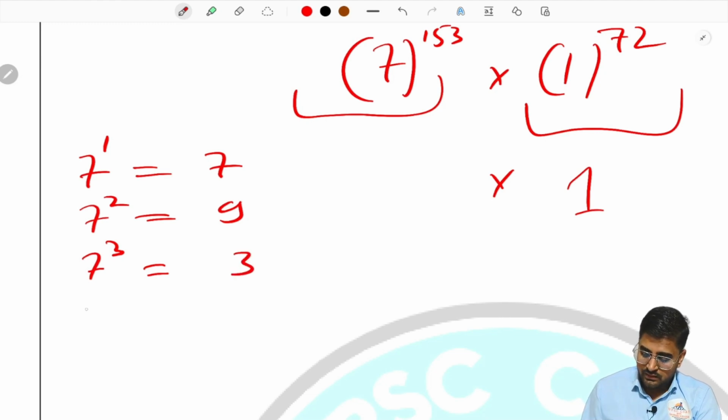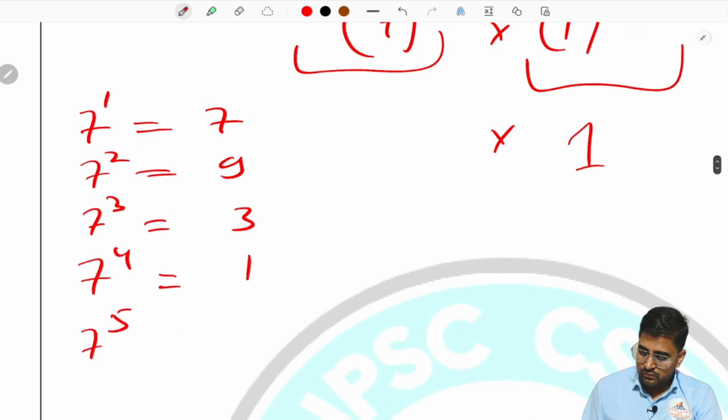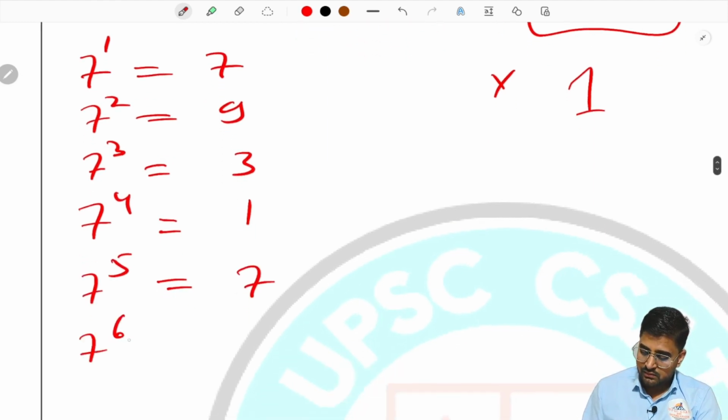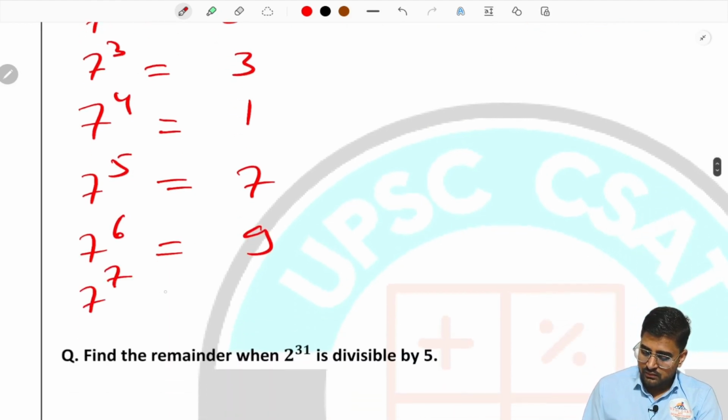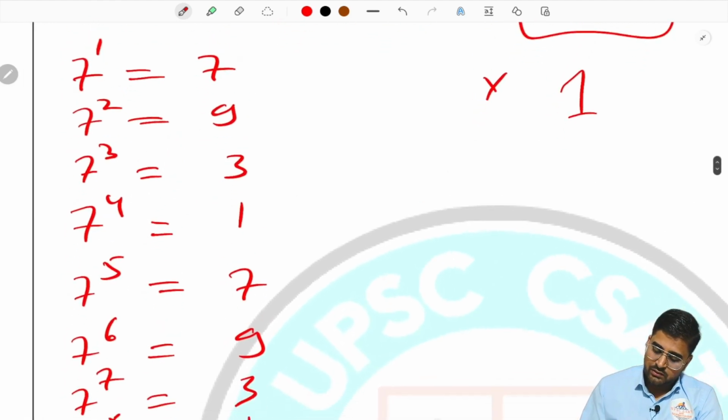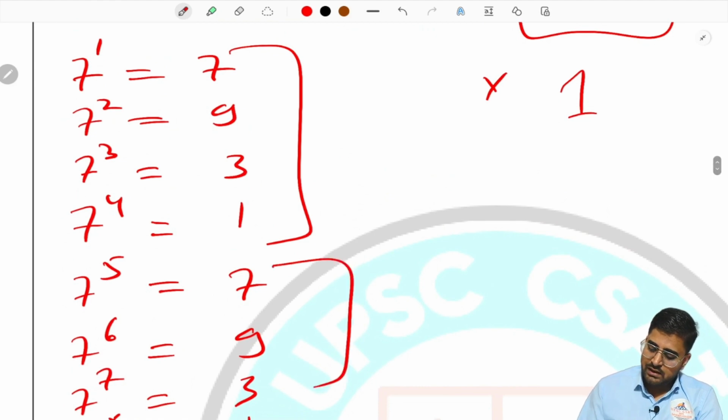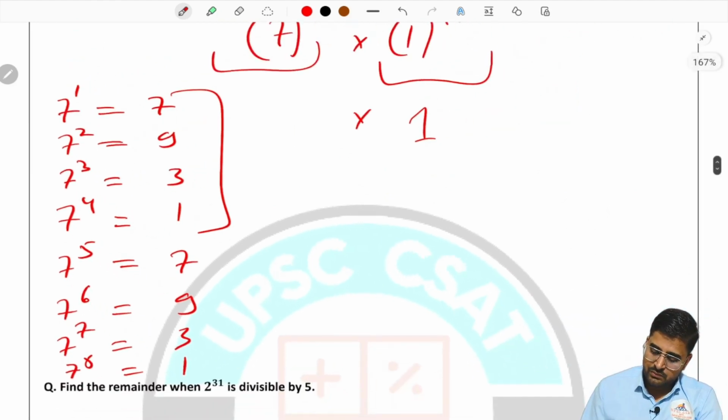And 7 to the power 4 will give you a 1 only. When you go further, it will give you 7, then 9, then 3, then 1, and then it repeats. So every 4 it repeats. That's the basic concept.